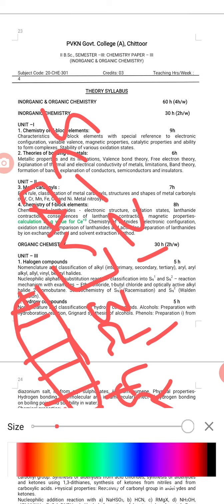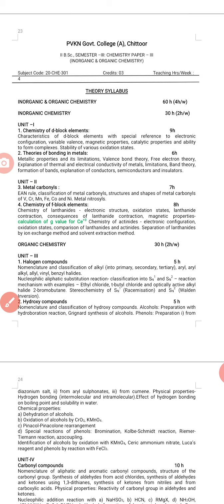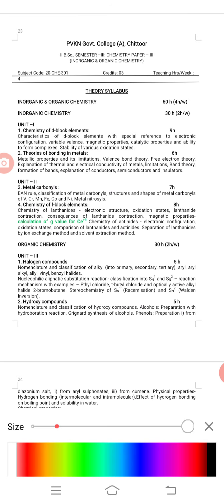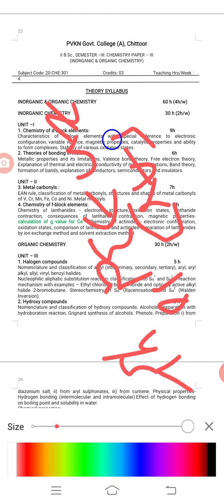Except zinc, cadmium, mercury, those are not transition elements because those elements don't contain unpaired electrons. For example, zinc: argon 3d10 4s2, no unpaired electron.